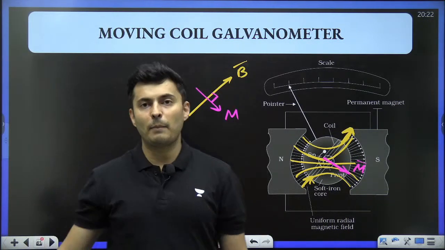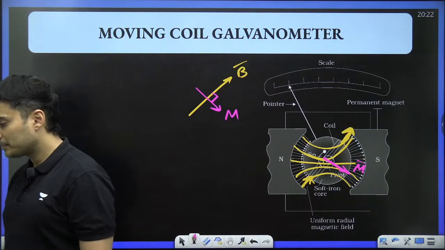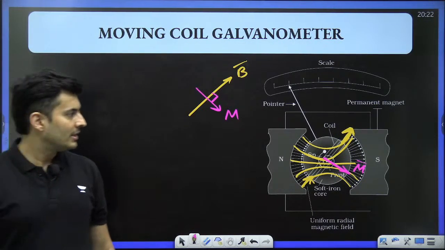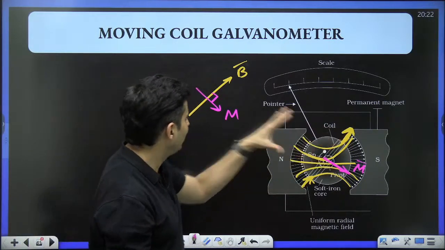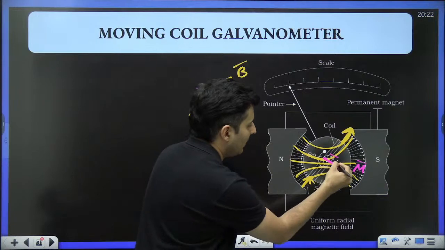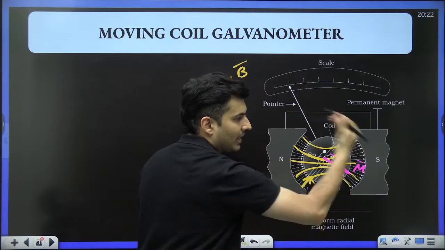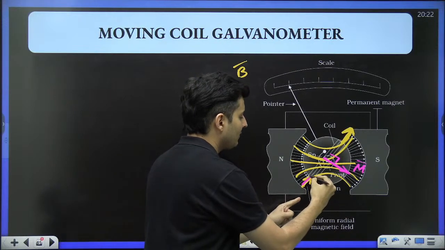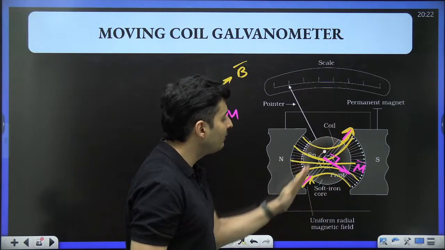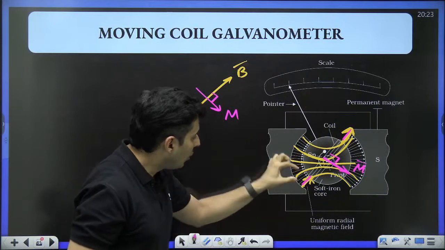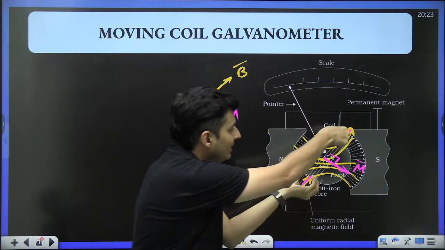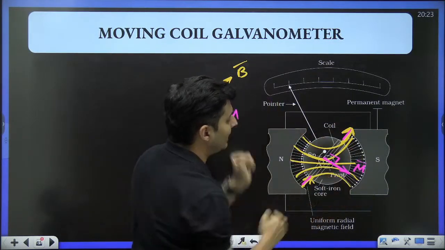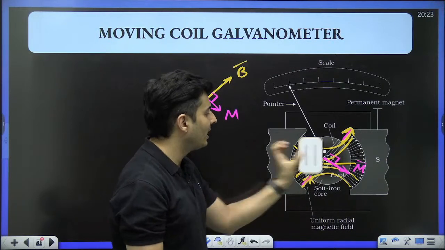Do you guys agree with this? Check this out. The magnetic moment is exactly perpendicular to the loop. If the loop carries some current, magnetic moment is always perpendicular to that loop. This field and this field is the field which affects the loop. So only consider that field line. When the loop turns, there will be some two field lines over there which will be affecting it.